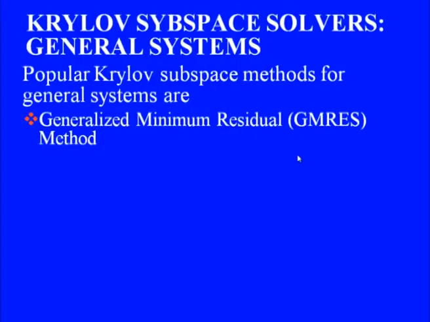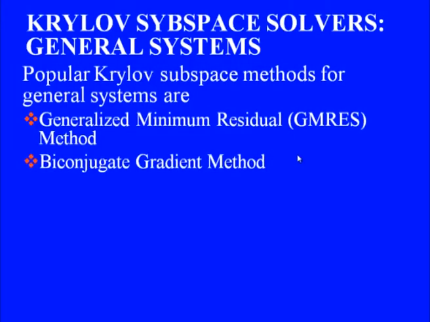This method is a bit difficult to program, but it is a very efficient method for general linear systems. Then, similar to conjugate gradient, we have the biconjugate gradient method for asymmetric or general linear systems.